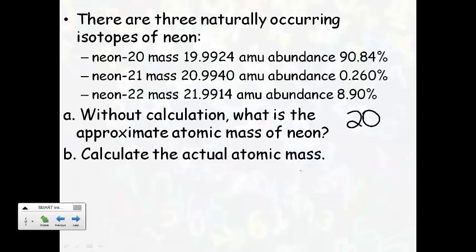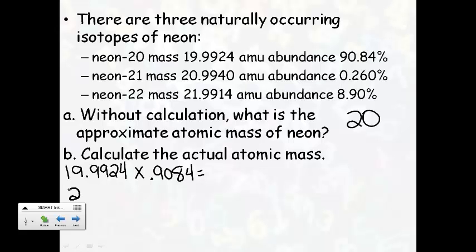Okay? Now to calculate the actual atomic mass, you want to do the equation like we were doing on the previous page. So we're going to take the mass of the first isotope, and we're going to multiply it by the percentage in decimal form. So 90.84% is 0.9084. Okay, we're going to get that answer.